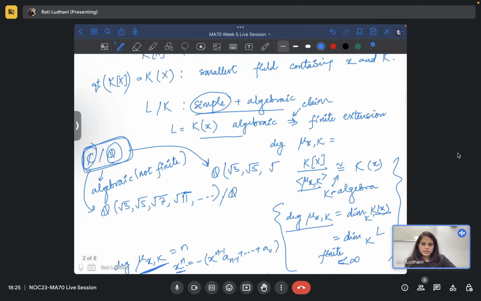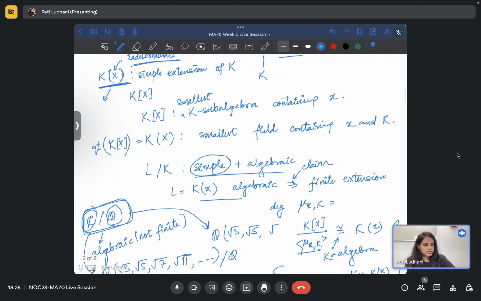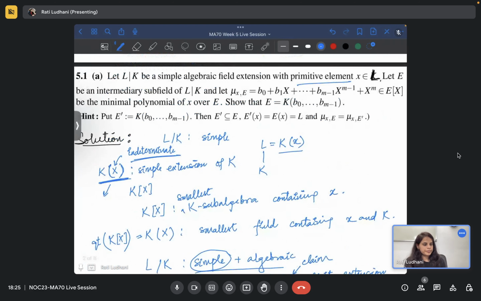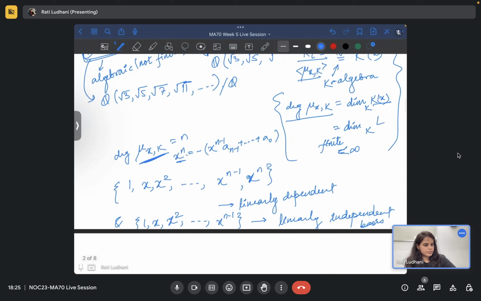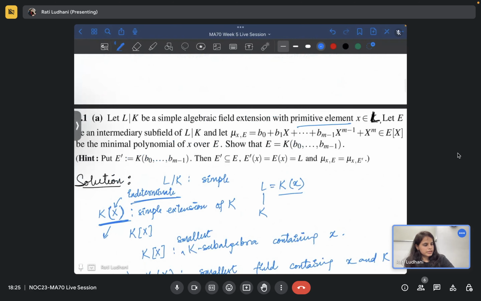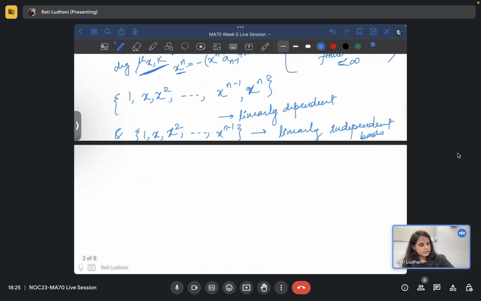Is that okay, this part? I'll continue with the question now. So what it says: let E be an intermediate subfield of L over K, and mu_{x,E} belongs to E[x]. So what does this say?